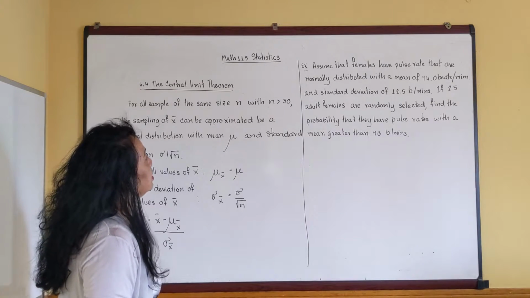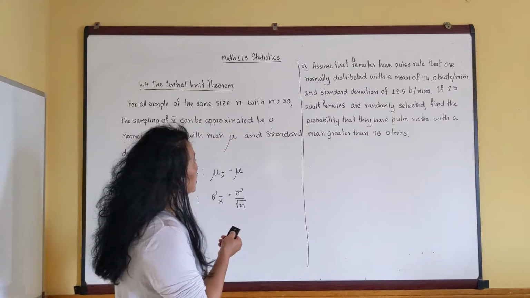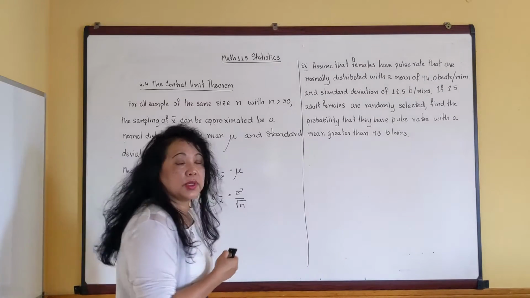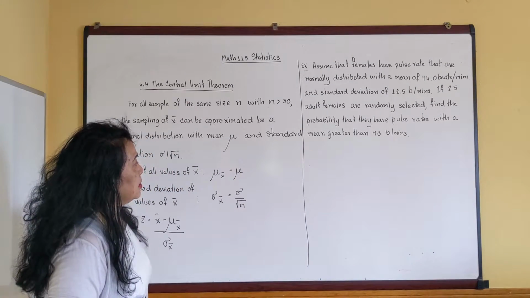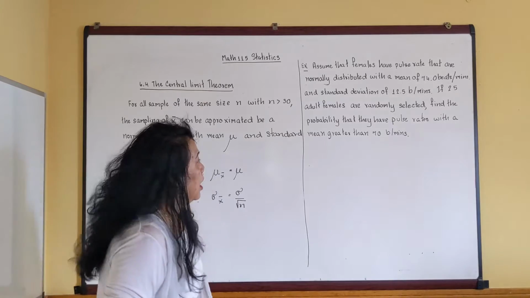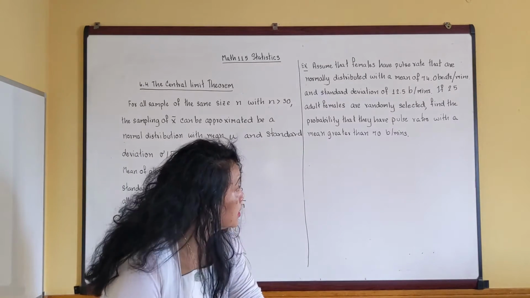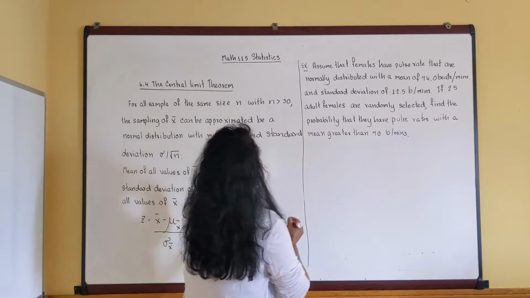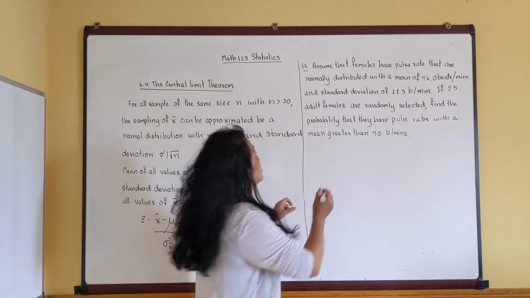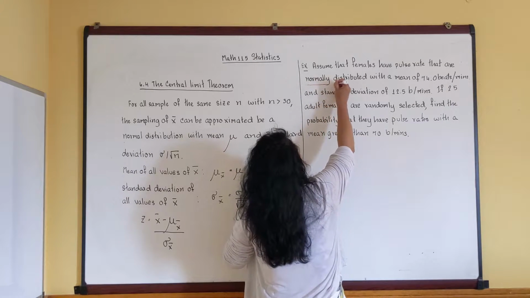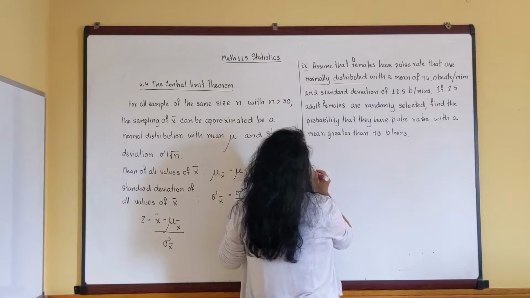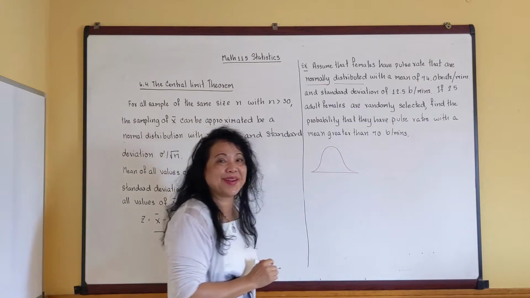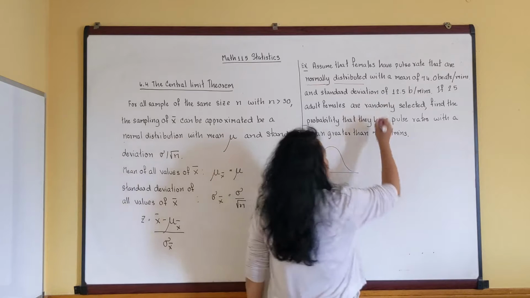Now let's look at our example. Assume that females have pulse rates that are normally distributed. So the population here is normally distributed with a mean of 74 beats per minute. We don't have to worry about the sample size because the population is normally distributed, so it's bell shaped.